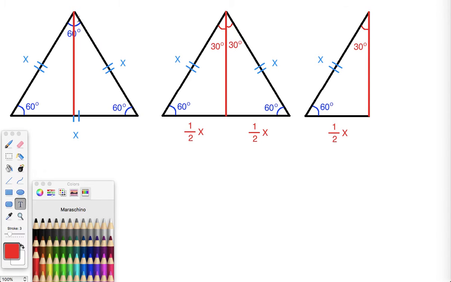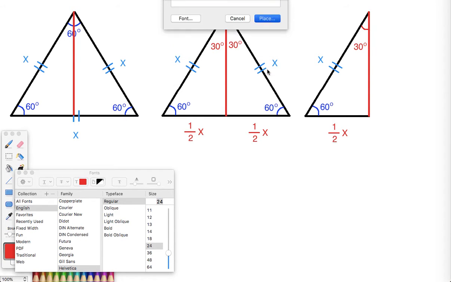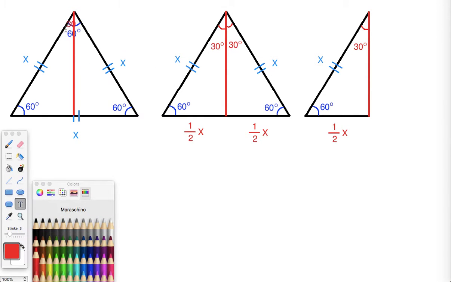Because we're starting at the top, we're cutting straight in half, and because the left side and the right side look the same, they're symmetrical. Therefore, up here, this used to be 60 degrees, and when I cut it straight down the middle, the left side is now 30 and the right side is now 30 degrees.